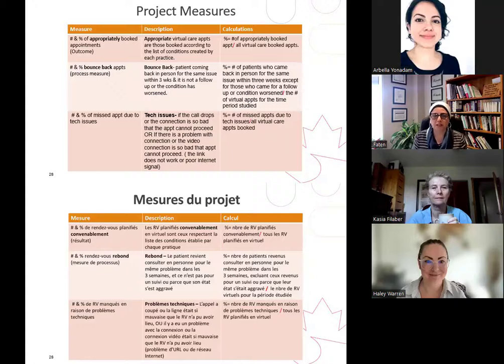So we wanted to make sure that measure was in there. We built on this bounce back measure after speaking with Shauna Tom, the ED from Crowfoot Village Family Practice, after one of these webinars that we attended. And then the balancing measure is, what could negatively be affected in the system?